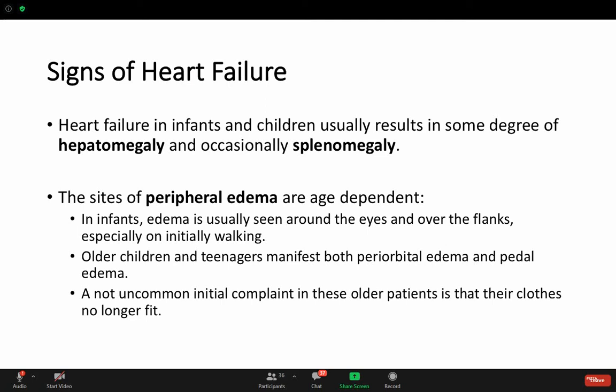If you hear this complaint, keep in mind, is this a sign of peripheral edema?